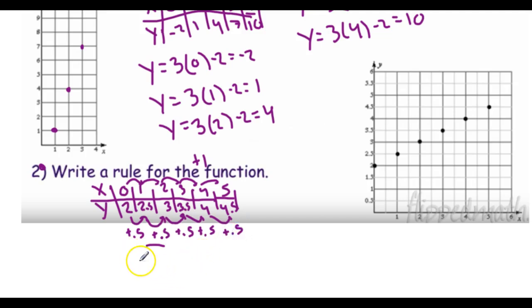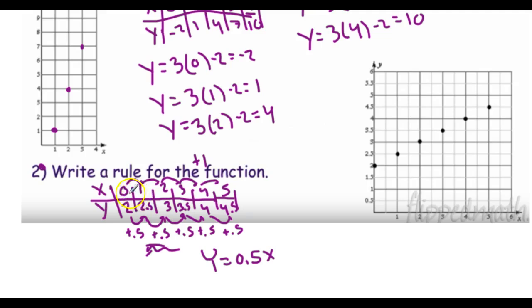So we're going to start our rule with y equals. Remember, this is getting added by 0.5 every time. Repeated addition is multiplication, so we can write 0.5x. If you like putting 0 in front, that's cool too. Same thing.